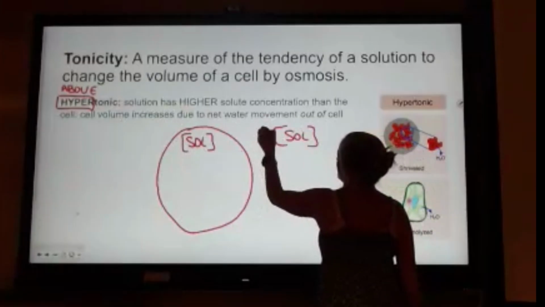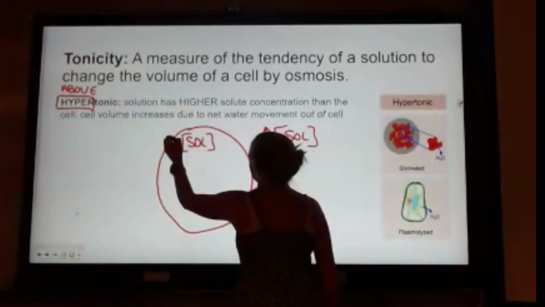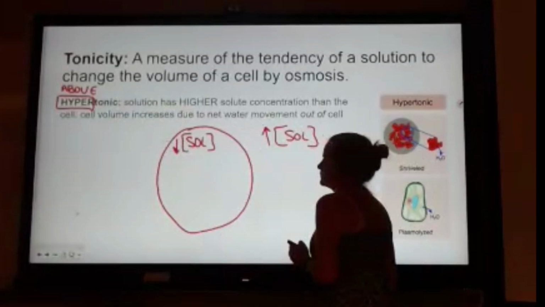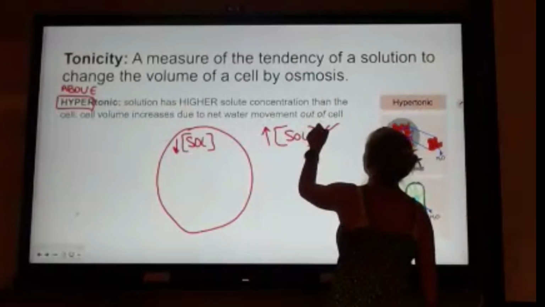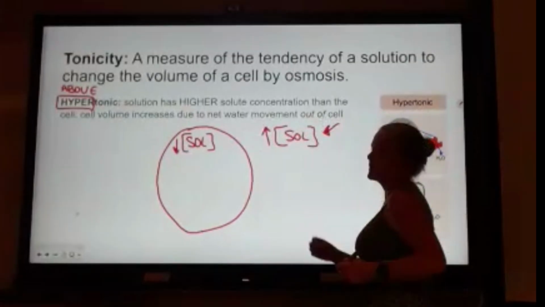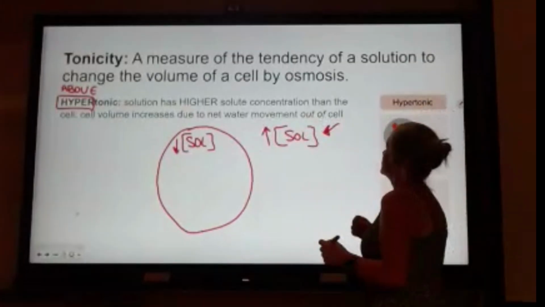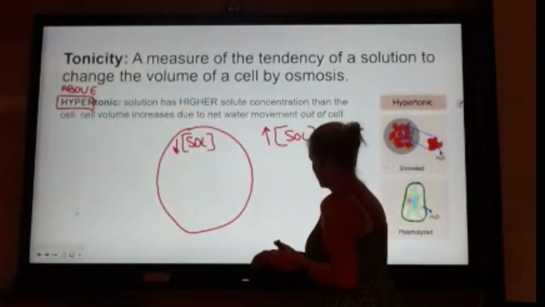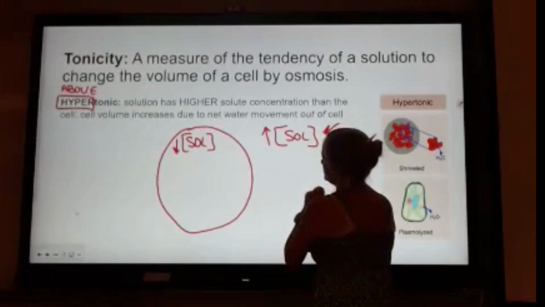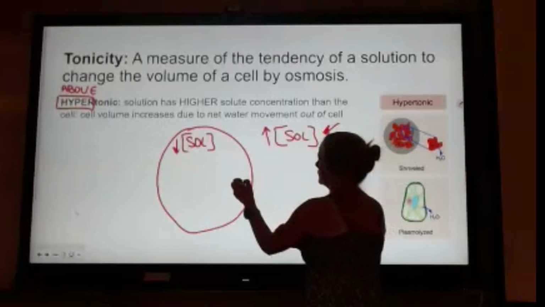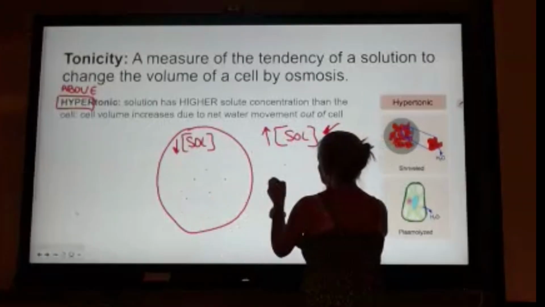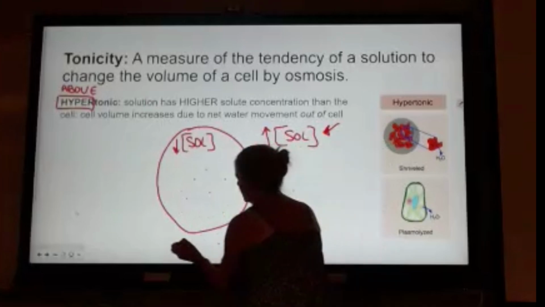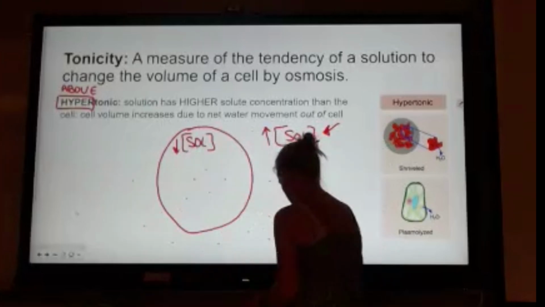The solute concentration outside the cell is going to be higher, and the solute concentration inside the cell is lower. So we're using this as our frame of reference for the terms hyper and hypo. So let's draw our solutes.